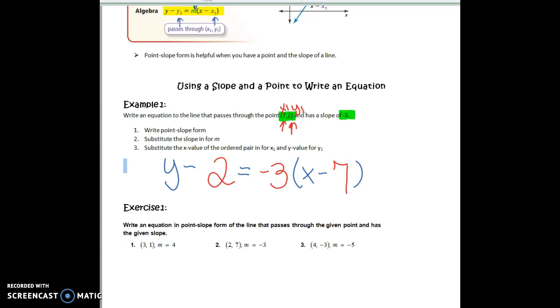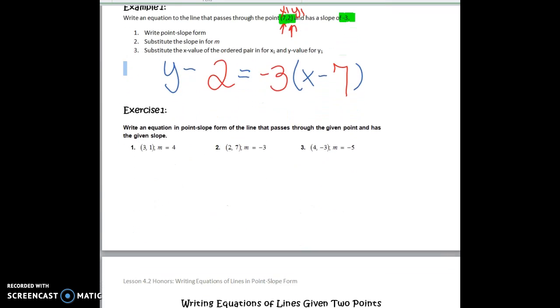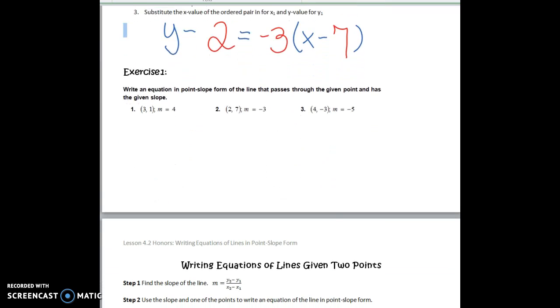On the exercises below, you can choose to pause if you would like to go through them yourself, or you can watch me do them, whatever you want to do. I am going to start with the last one because that's important. That's a little tricky. For number 1, y minus the y value equals m times x minus the x value.